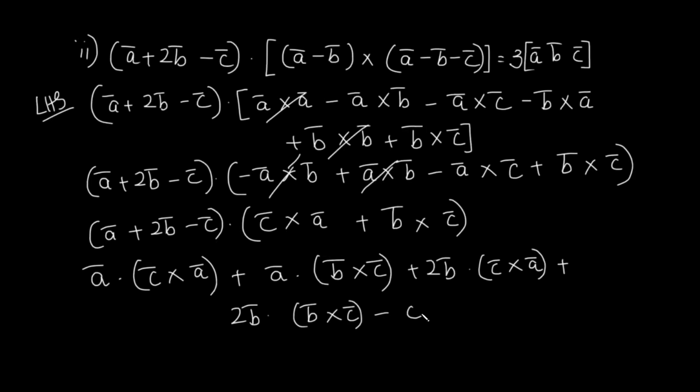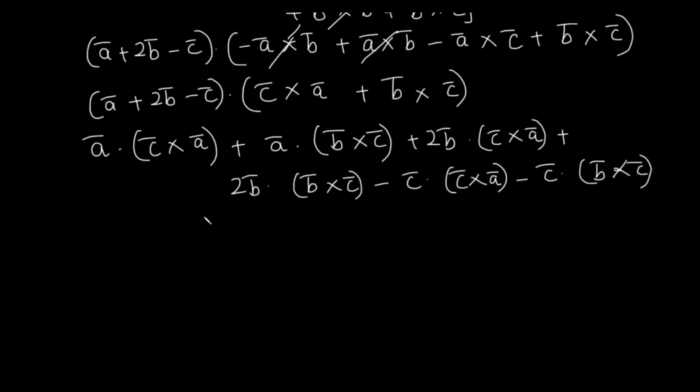Similarly, minus C dot C cross A, again minus C dot B cross C. Upon doing it this way, wherever the vectors are equal, the scalar triple product is going to be 0. So this term is 0.